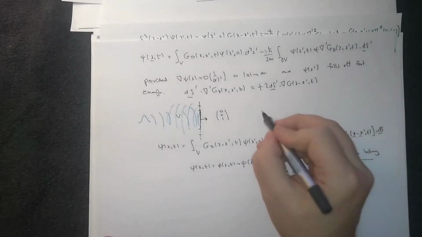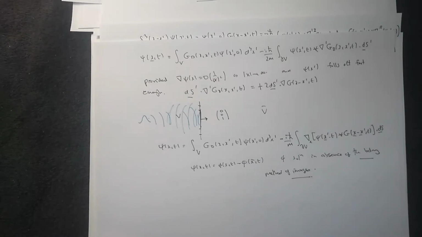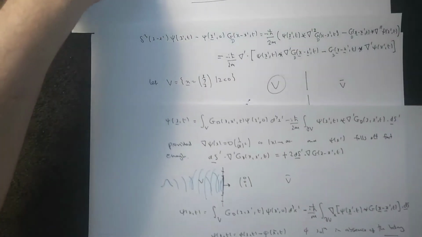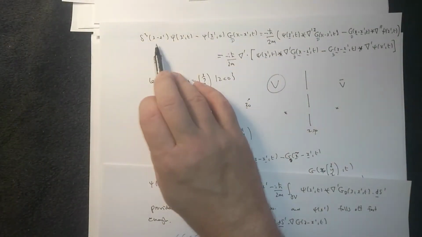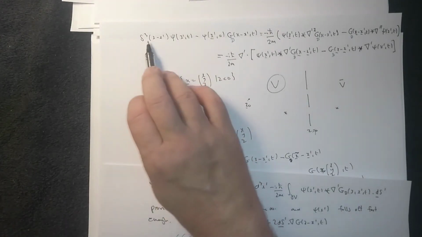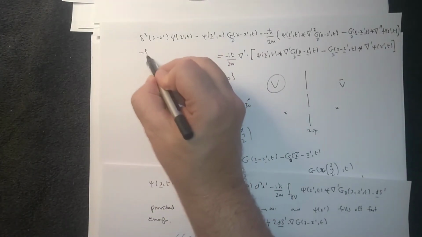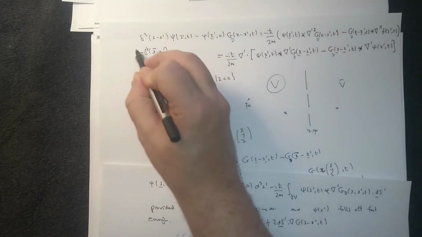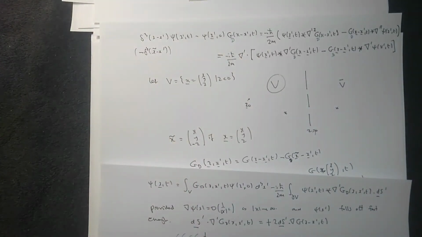Now what about V bar? If we're over here, then we can do the same calculation, except this delta cubed x minus x prime will have to have a minus delta cubed x minus x prime, that's a tilde in there as well.